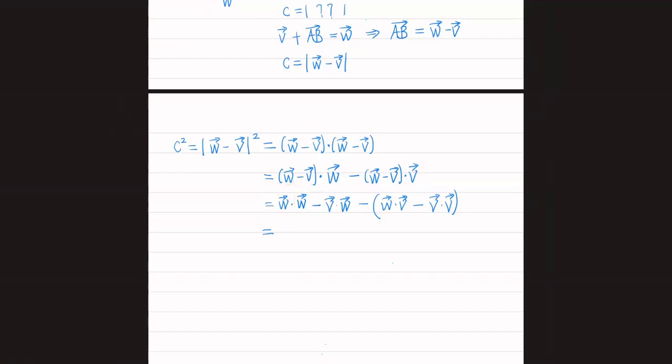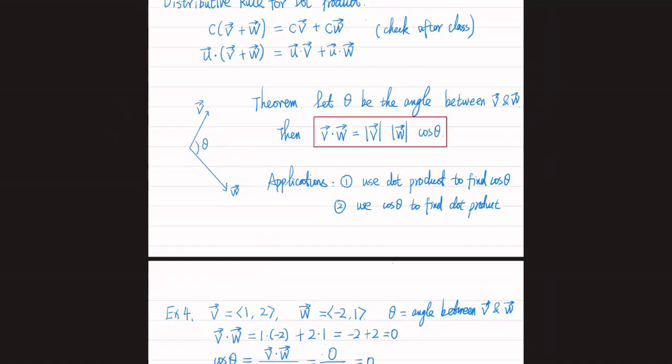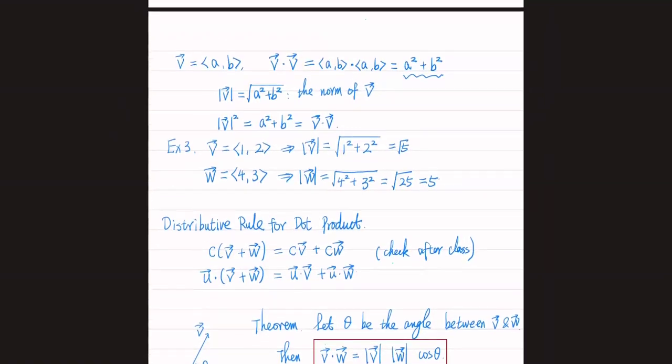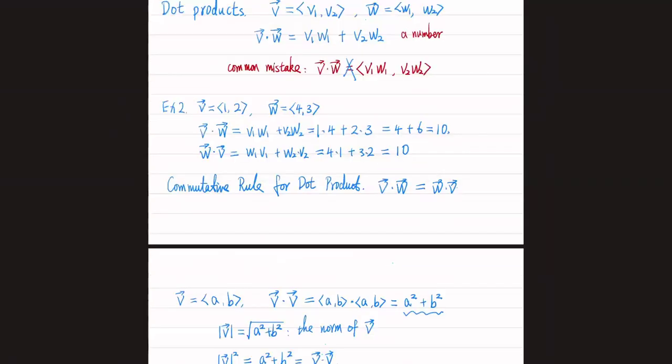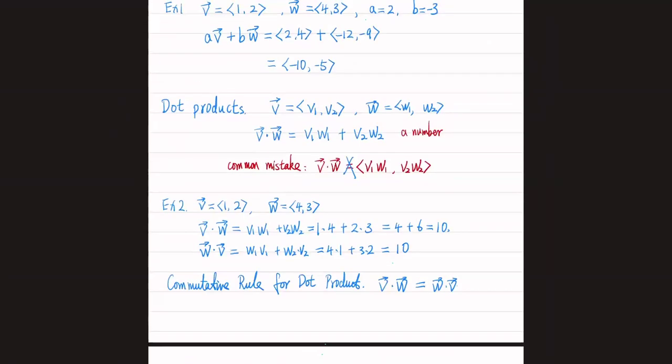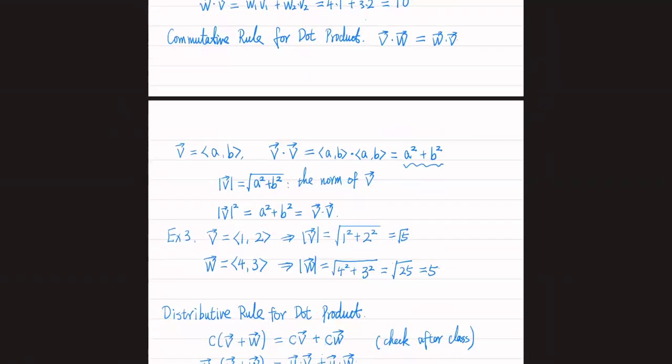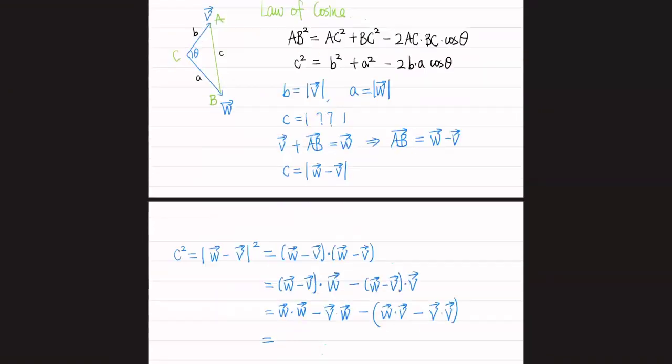What's this? We will apply the same formula. The dot product of a vector with itself is the square of the norm.